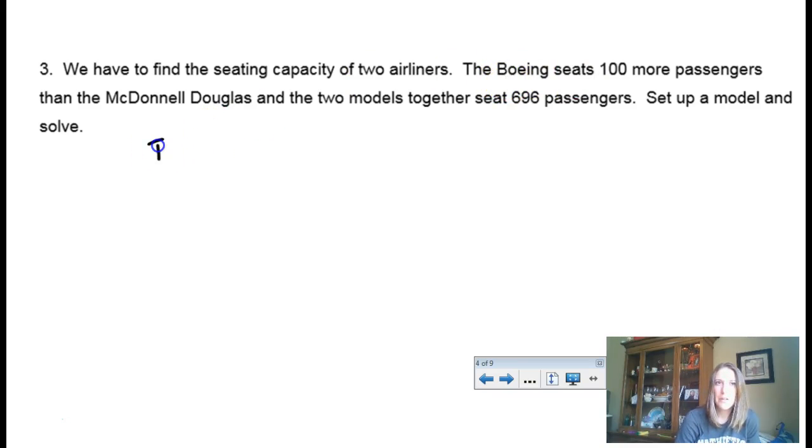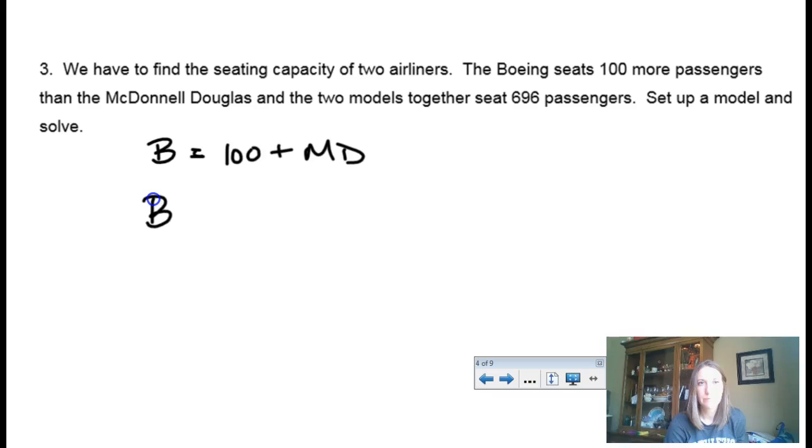The Boeing, I'm going to skip the verbal model if you don't mind on this one, is 100 more than the McDonnell Douglas, any variable you want. And then the 2 together would seat 696 passengers. So the Boeing plus the McDonnell Douglas totals 696 passengers.